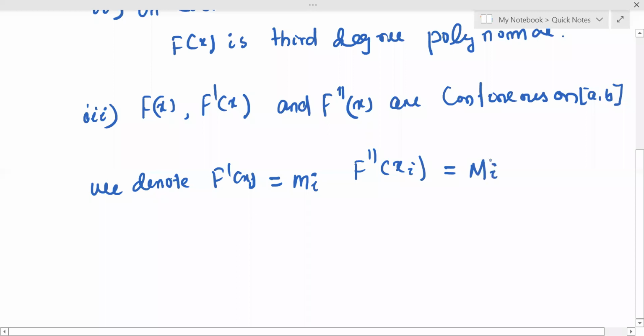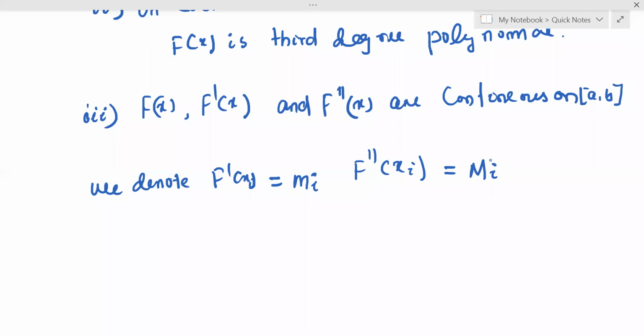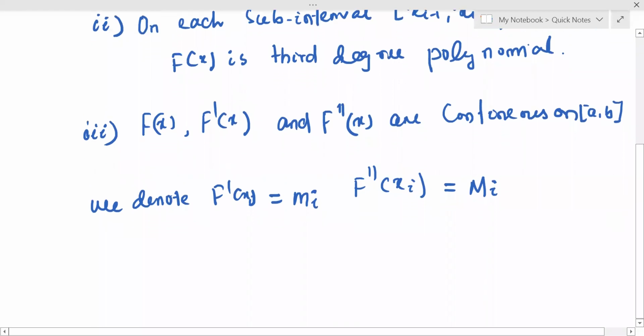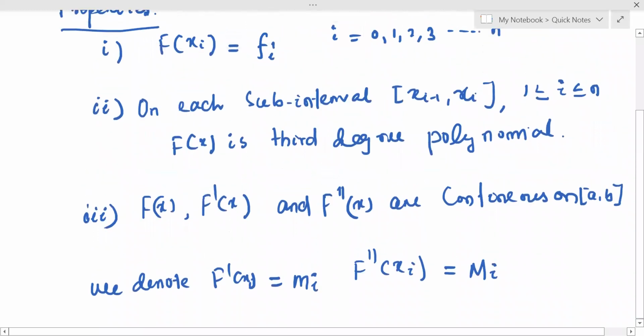Cubic spline do not have disadvantages of the quadratic splines. So these three properties you look out here for the cubic spline interpolation.